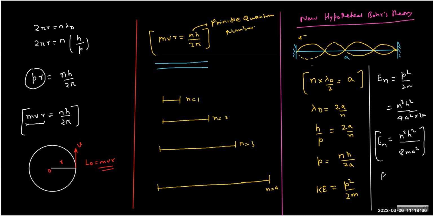What we can see is that the energy is proportional to the square of the principal quantum number, and n is nothing but the mode of oscillation. So this is the square of n, the principal quantum number, as we call it in physics.